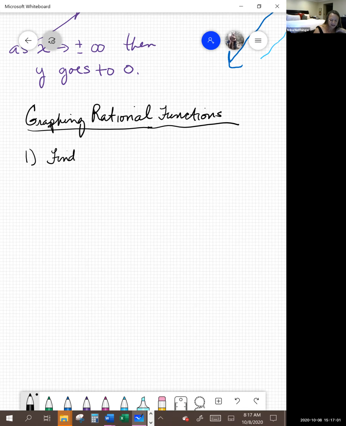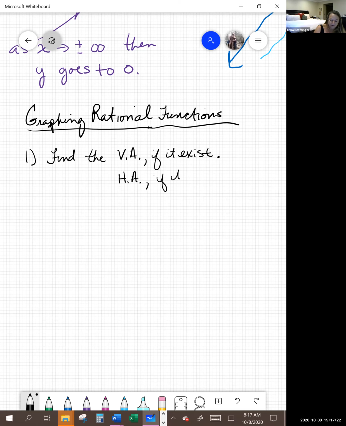So find the asymptotes: the vertical asymptote, if it exists, the horizontal asymptote, if it exists, or the slant asymptote, if it exists.